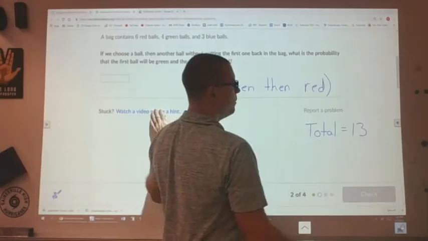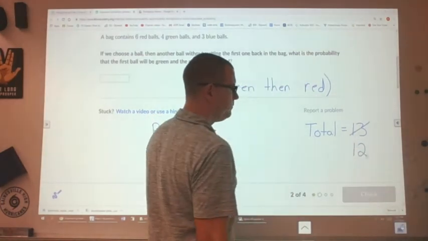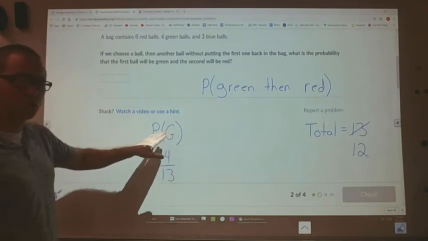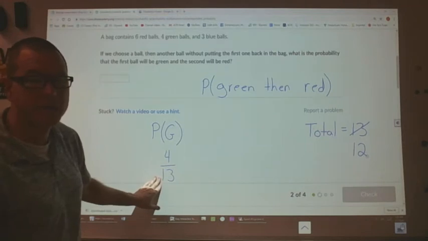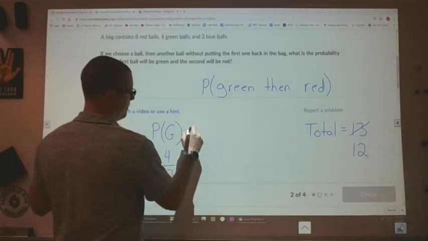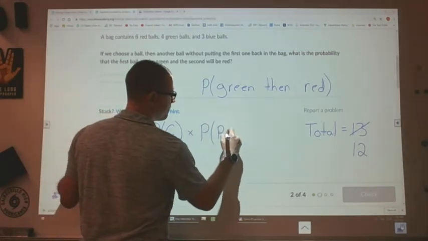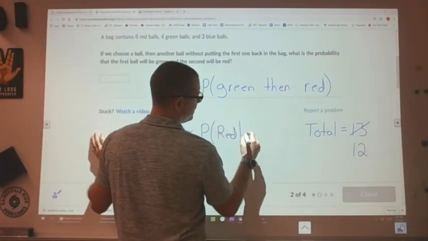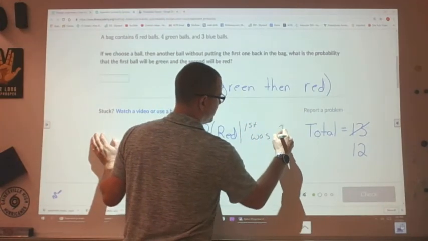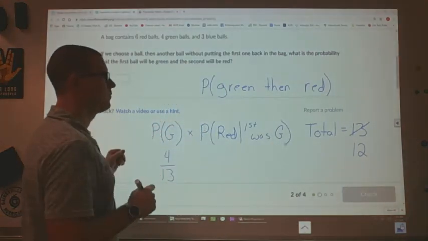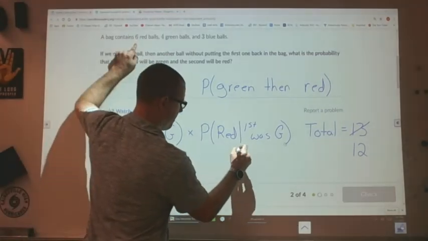But now that first ball is gone. So after the first draw, the number of balls in the bag, this denominator for our probability, has decreased by 1. So the probability of getting a red, given that the first was green, is going to be 6 out of 12.